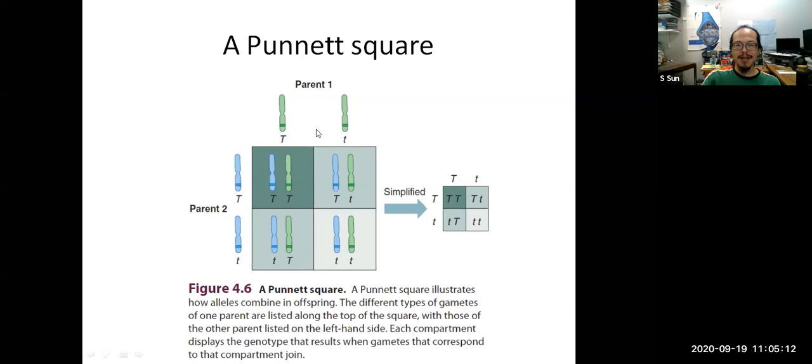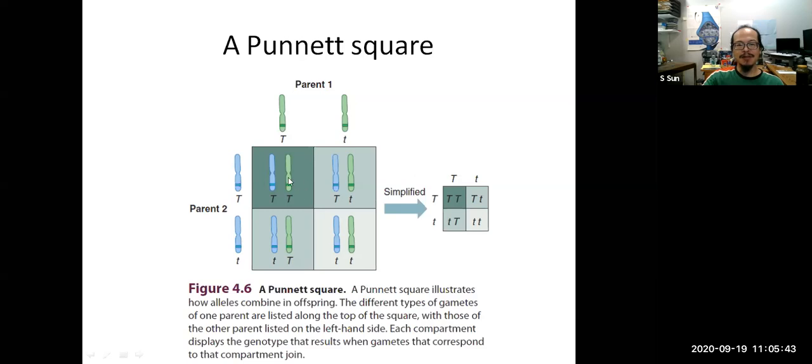So one parent has two alleles, and the other parent has two alleles. Then we put them all together, and we can get all the possibilities, all the choices of the offspring. And from here, we can quantify the frequency of one phenotype or one genotype to be expected from their offspring.